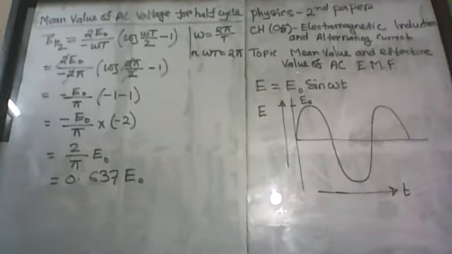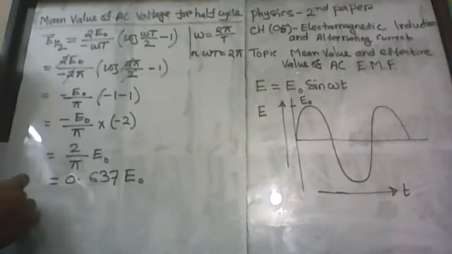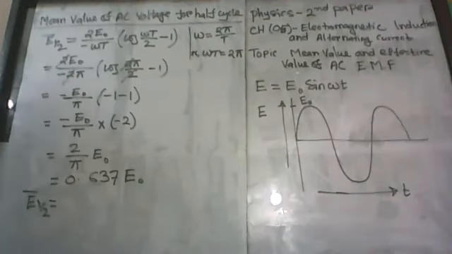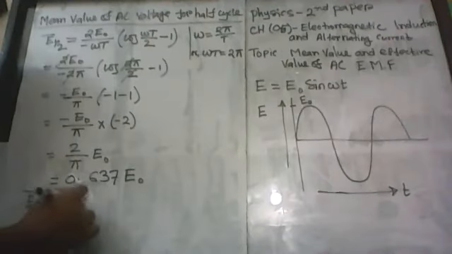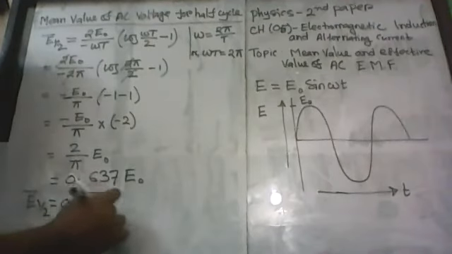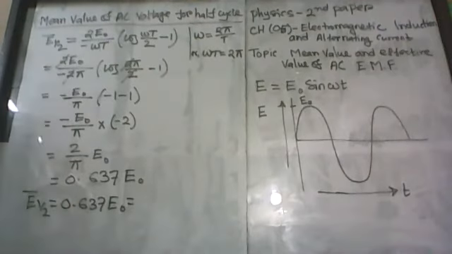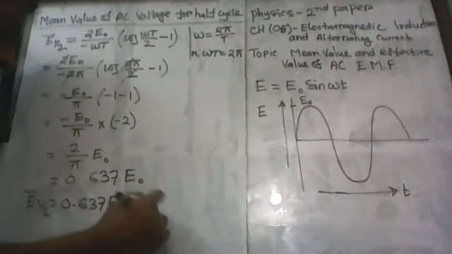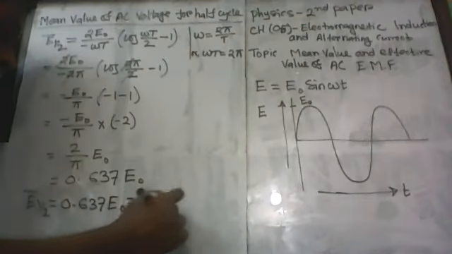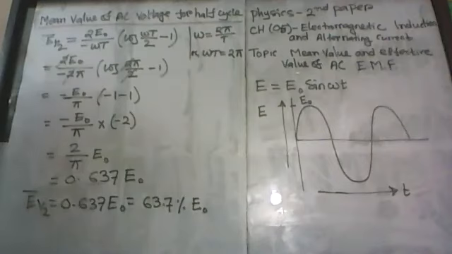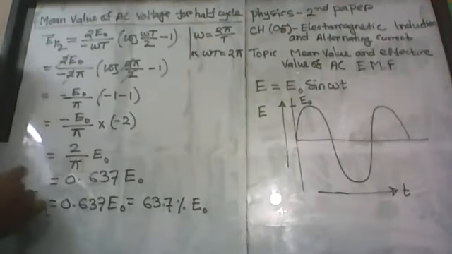That's why I can say that the average value of AC electromotive force for the case of its half cycle will equal 0.637 of E naught. If you convert it to a percentage, it will equal 63.7% of E naught.